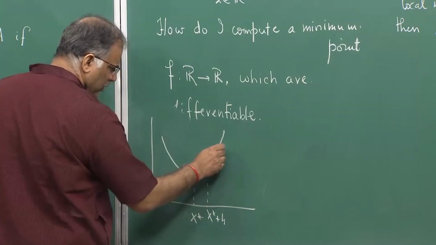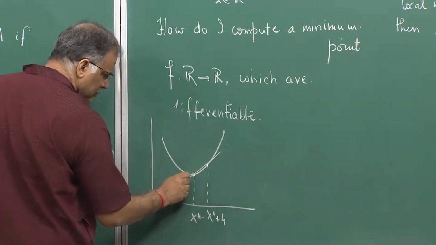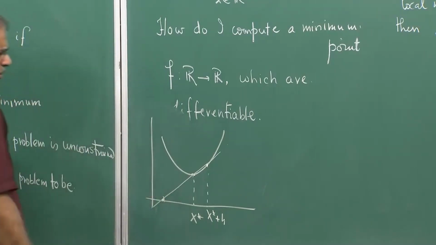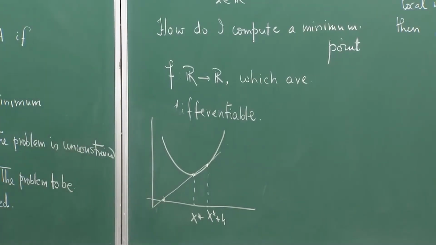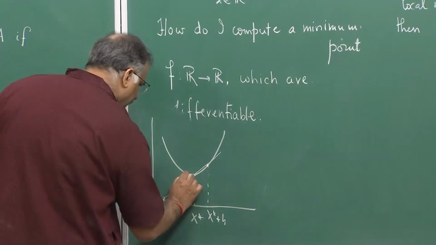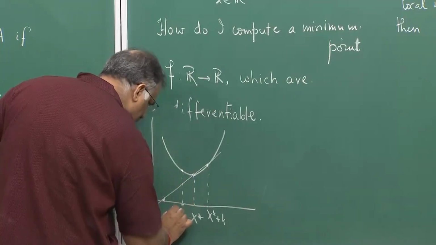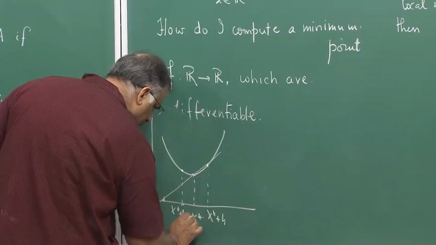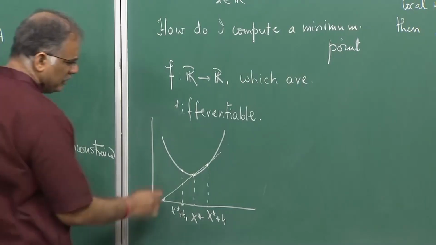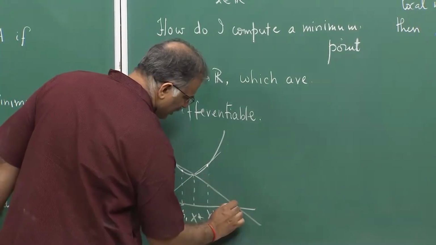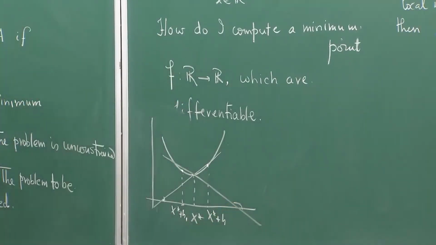So, you look at the slope of this secant. This angle is acute, so the tangent value is greater than or equal to 0. But if you make h negative and come to this point, say x star plus h1, where h1 is negative, then you look at the slope of this secant. Here the angle is obtuse, so the slope is negative.